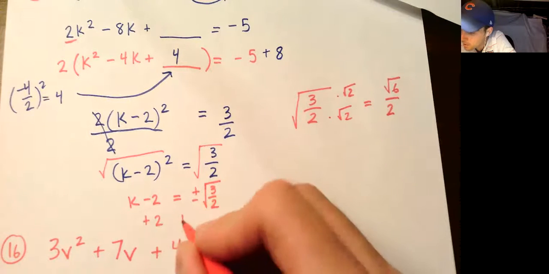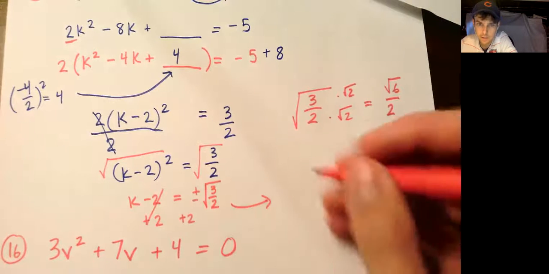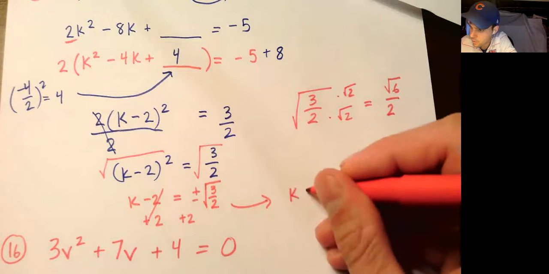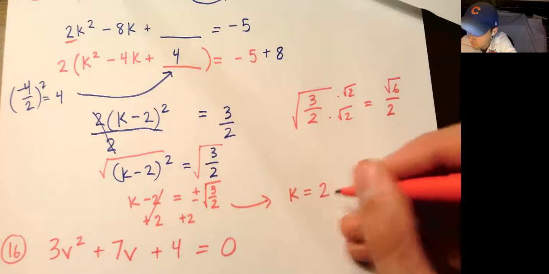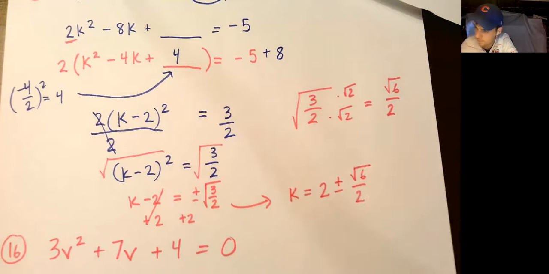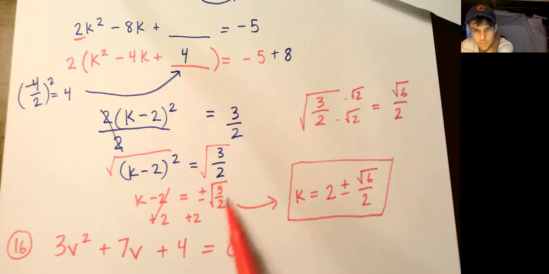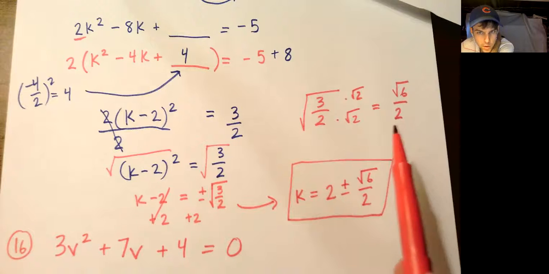Adding 2, I'm going to get a final answer here of k is equal to 2 plus or minus the square root of 6 over 2. Square root of 6 over 2 comes from doing the rationalizing there.